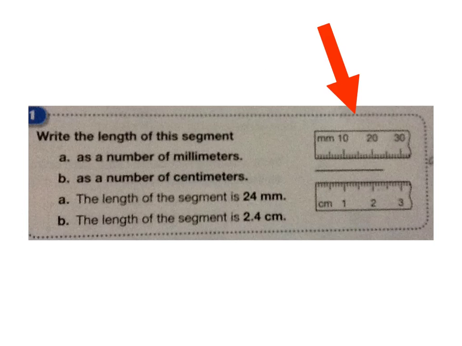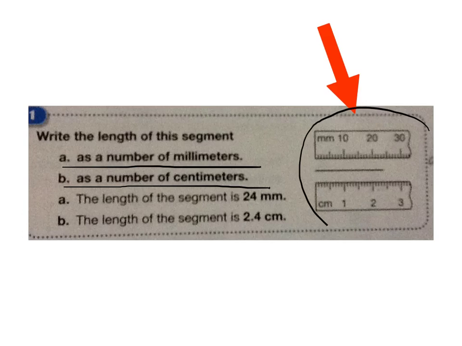In example 1, it asks to write the length of this segment. A, they want us to write it in millimeters. B, they want us to write it in centimeters. So we look over here at the parts of the ruler.